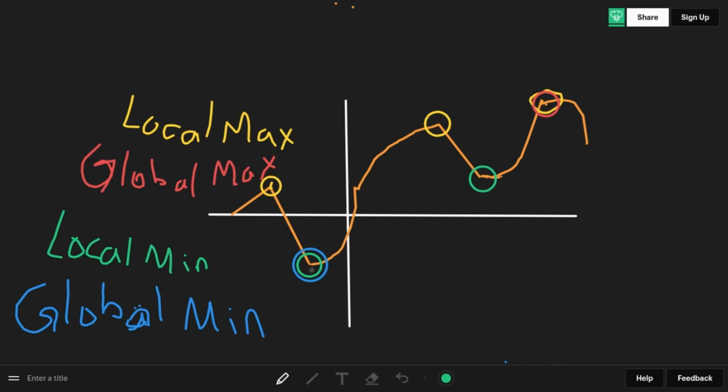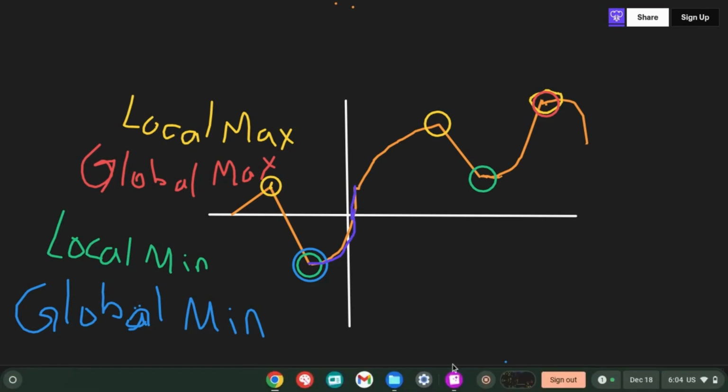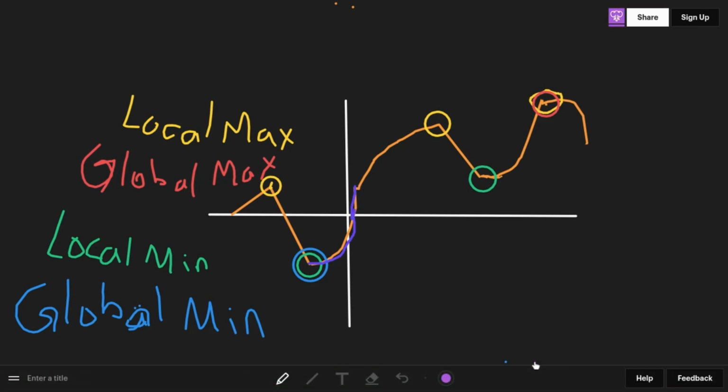Now, concavity of a function, you can think about it like tracing a cup or a U-shaped curve right side up. So if you look at this portion of the function, it is concave up, and if you look at this portion, it's not a great drawing, but it is supposed to be concave down.